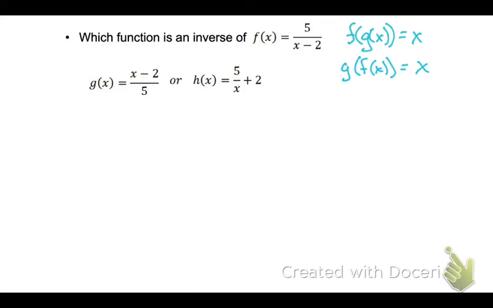So we got to do f of g of x first, we might as well start with that, right? Okay, so this goes in for what? That x, right? So we get 5 over x minus 2 over 5 minus 2. So it's a complex fraction.